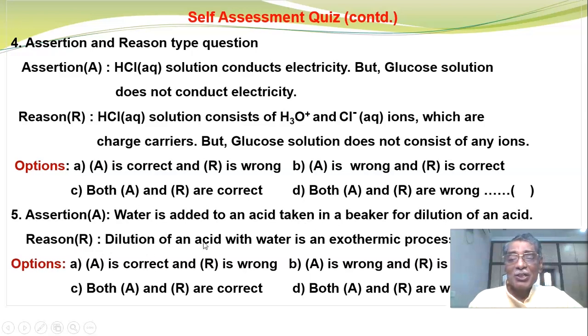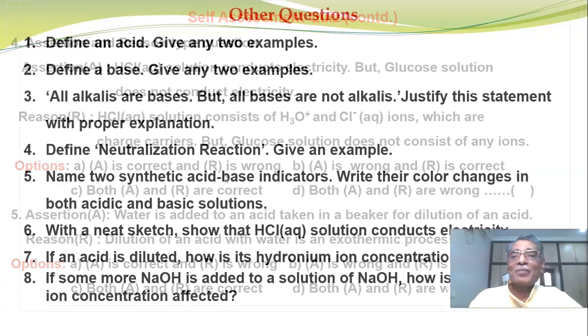Reason. Dilution of an acid with water is an exothermic process. Options. Option A. A is correct and R is wrong. Option B. A is wrong and R is correct. C. Both A and R are correct. D. Both A and R are wrong.